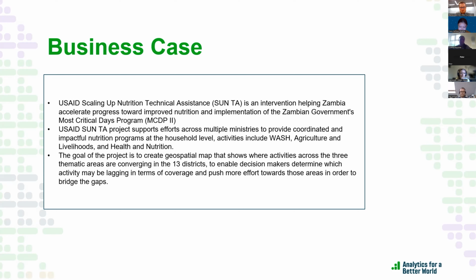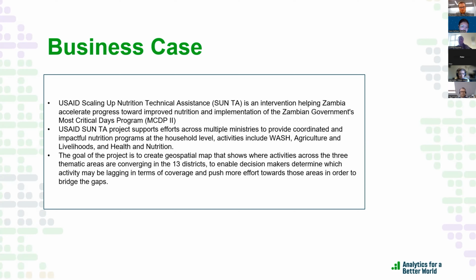So the goal of the project was to create a geospatial map that shows where our activities across the 3 thematic areas are converging within the 13 districts. The whole idea behind the map was to enable decision makers to determine which activity may be lagging behind in terms of coverage and push more efforts towards those areas in order to bridge the gaps.